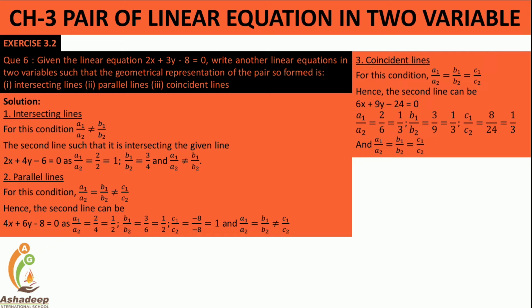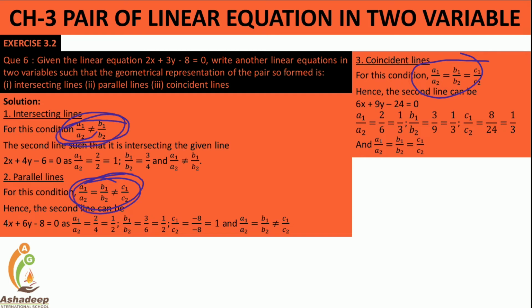So we need to form these equations. You can form this kind of equations in a number of ways. That is totally up to you, in which way you want to create the other equation. But for that, these conditions must be satisfied. That is our main aim.